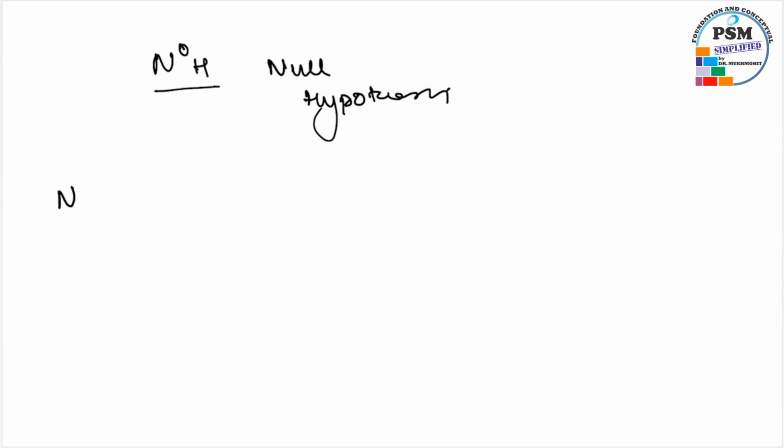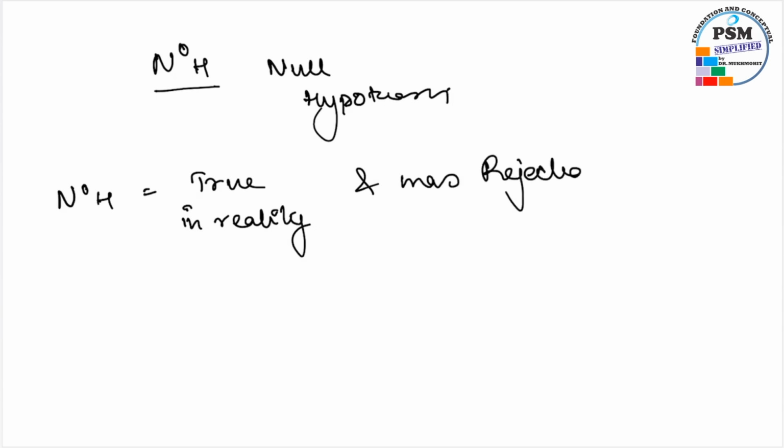Please remember that if the null hypothesis was true in reality and was rejected in the study, this type of error we call a type 1 error.